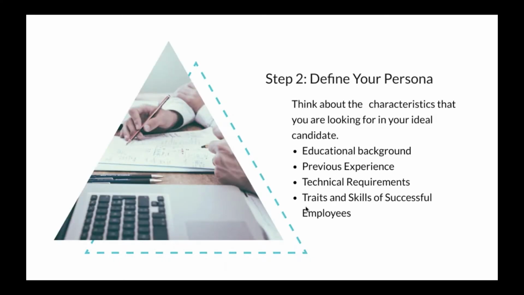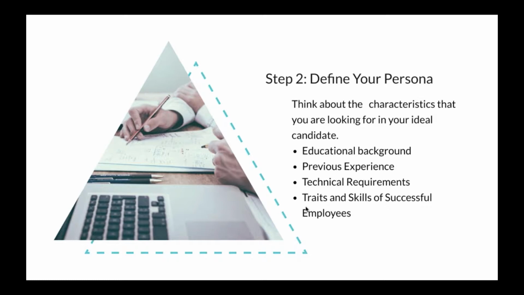Now, step two, you have to define your persona. And you have to do a different persona for every type of candidate that you're going to want to attract. So your persona is going to be different for each role you're looking to hire. ED, community nurse, sales director, are all going to have very different personas.